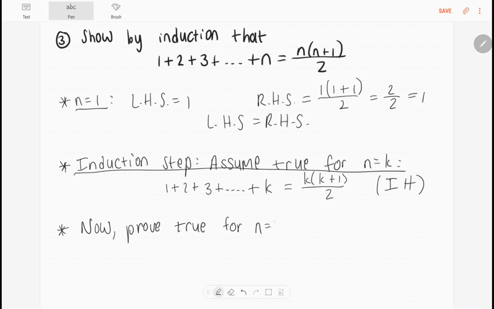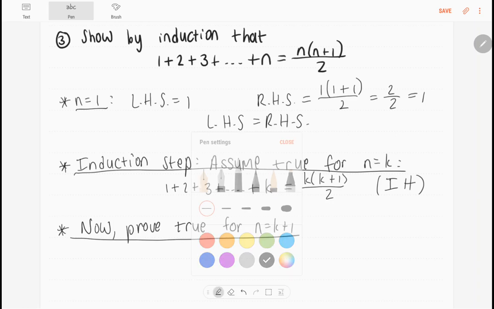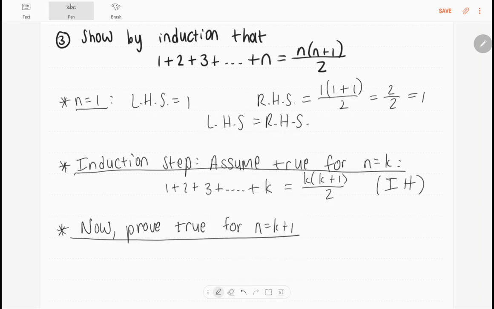In other words, what I want to prove is that 1 plus 2 plus all the way up to plus (k + 1) is going to equal, so instead of just k, I'm going to have k + 1, and then I'll have (k + 1) + 1, which is just k + 2, divided by 2. This is what I want to prove.